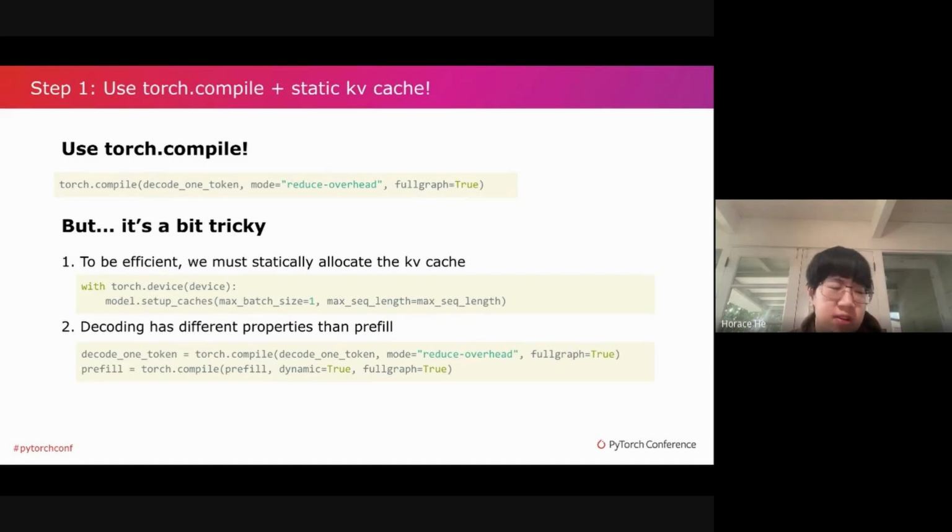Another part of this is that there are actually two distinct phases of transformer text generation, called prefill and decoding, and these have very different properties. Prefill is like, imagine you give the language model a big prompt. Prefill is the first pass over the prompt, where it hasn't seen any of these tokens before, and it needs to process all of the prompt tokens.